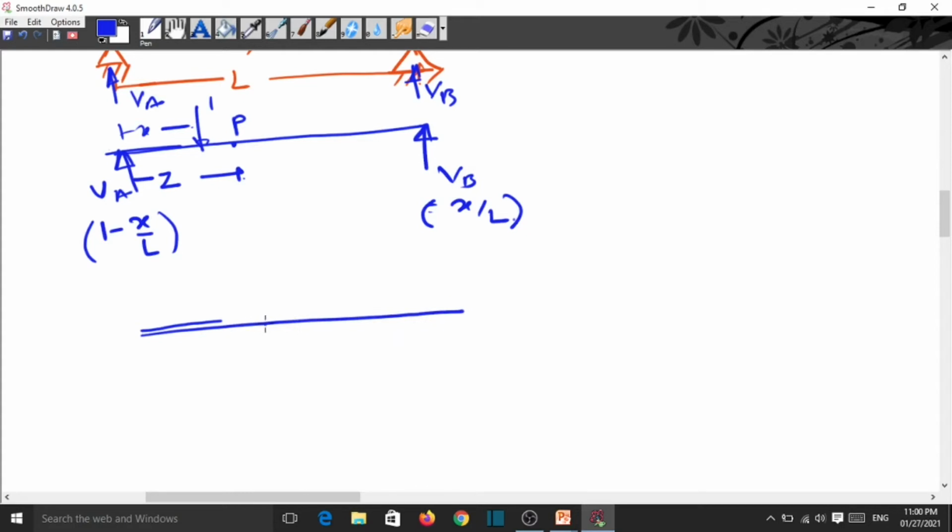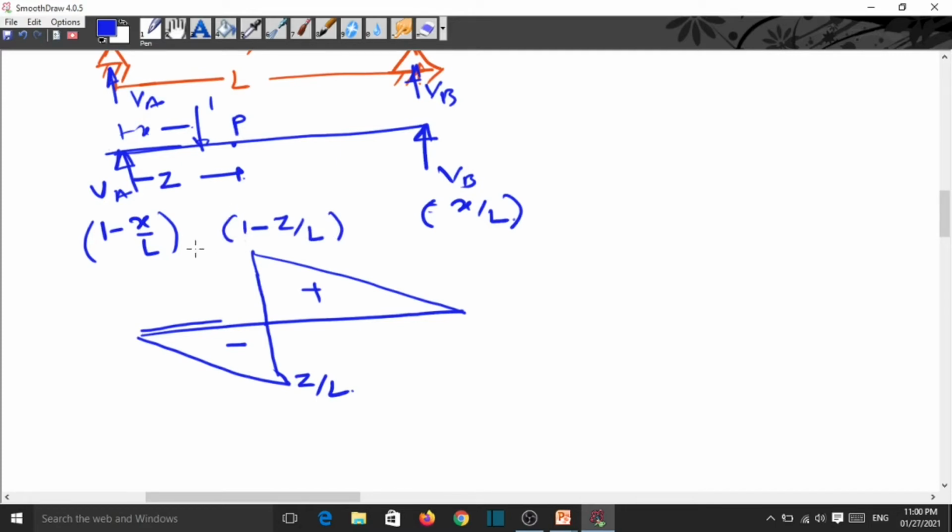At this point P, we draw a vertical line, then join this here and then join this. This part is plus, this part is minus. This is Z by L and this is 1 minus Z by L. This we have already seen in the previous lectures.